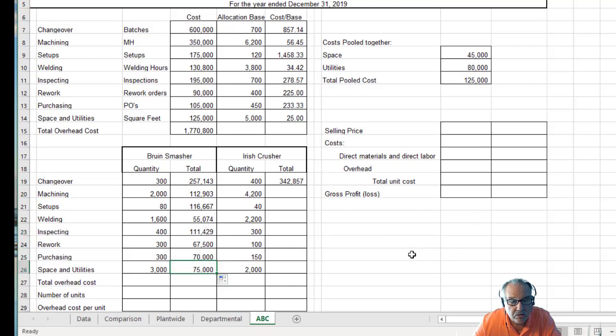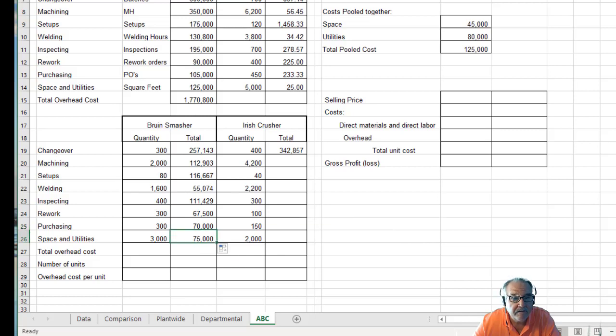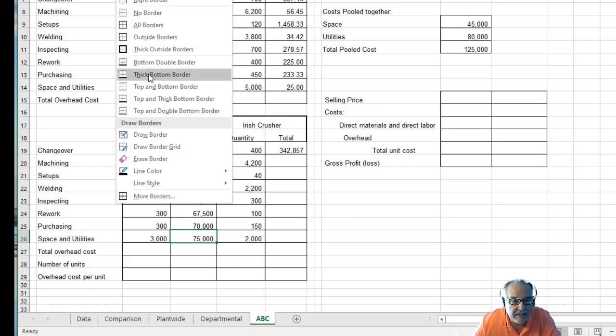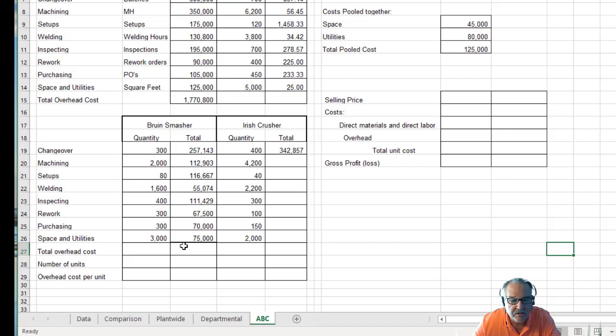I'm going to finish the Bruin Smasher by drawing a line. Anytime we do a math function, we need to draw a line. The total is 865,715.